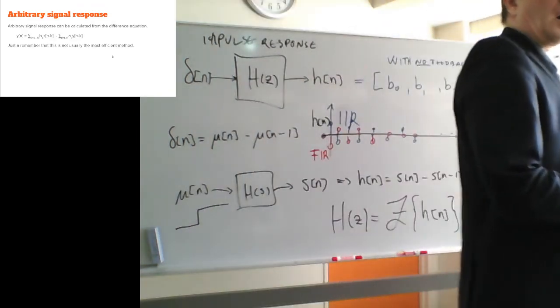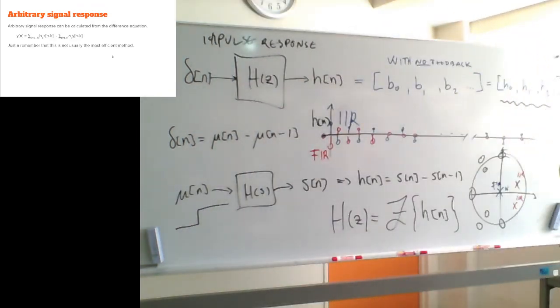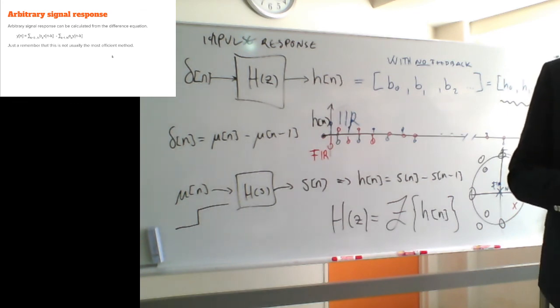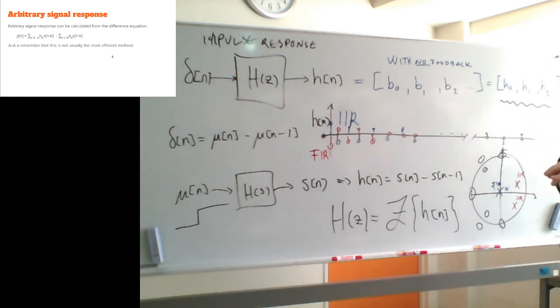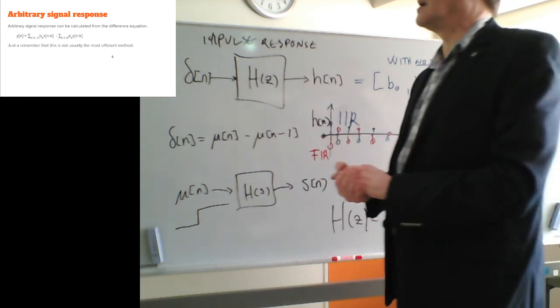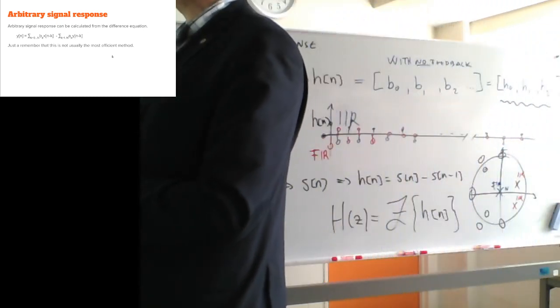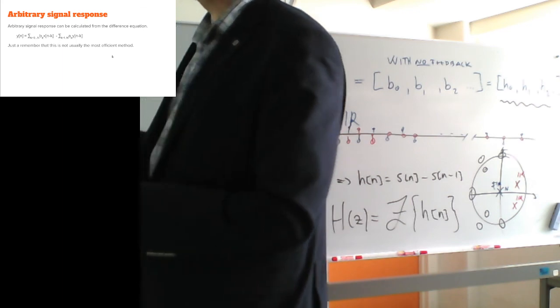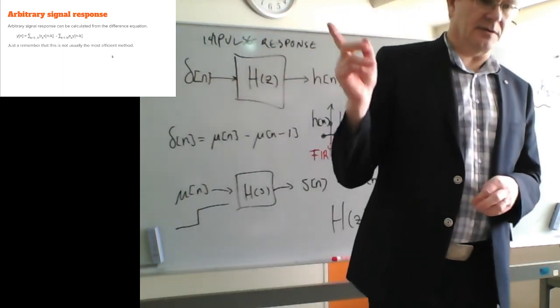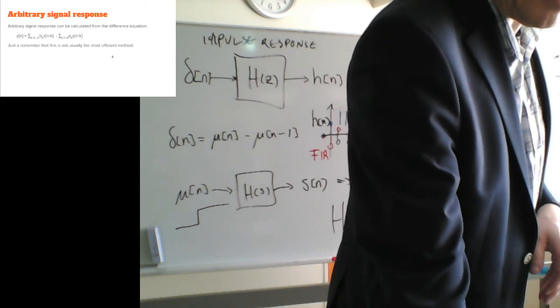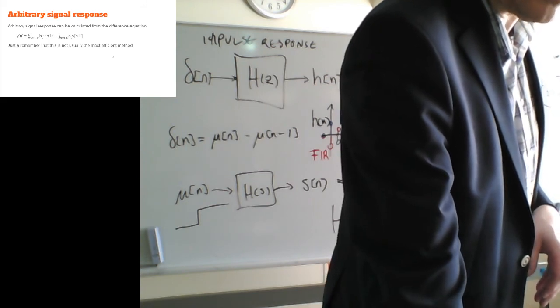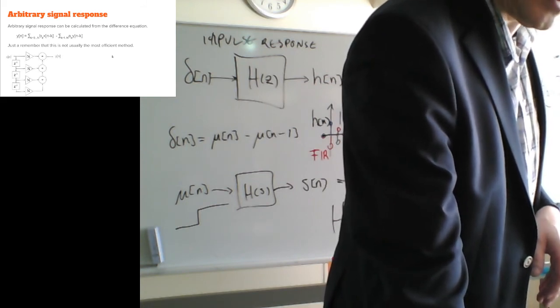Arbitrary signal response, meaning what the system does for any signal. It can be calculated from the difference equation. Just a reminder, this is not usually the most efficient method or most accurate method either.